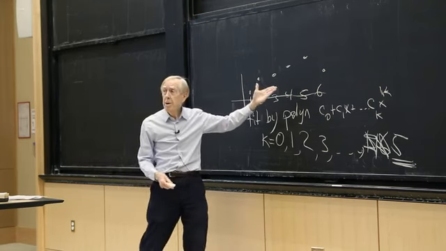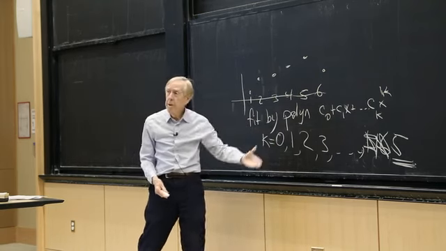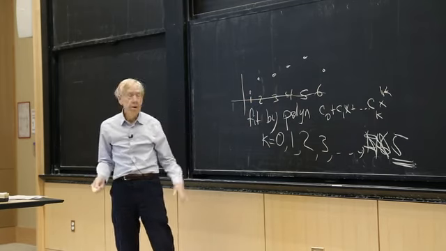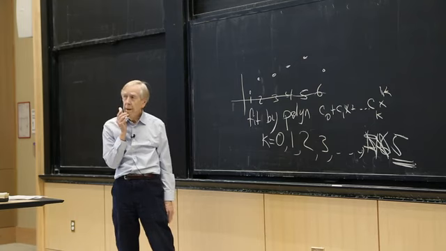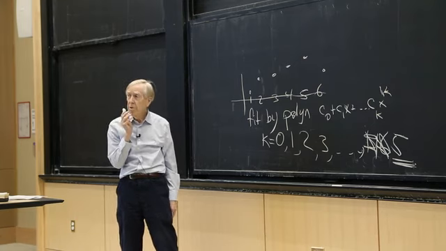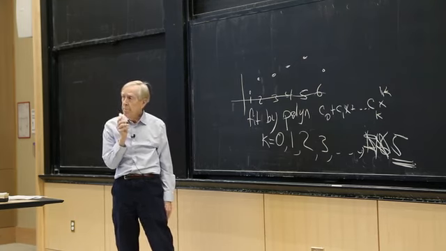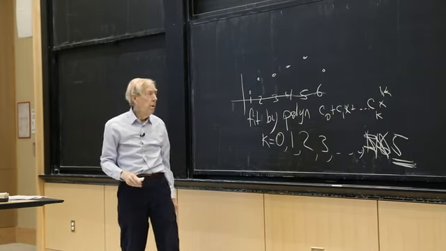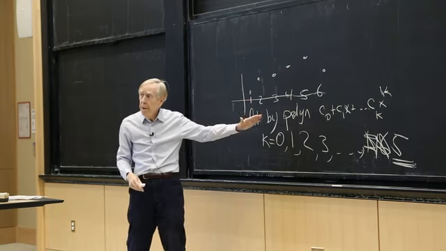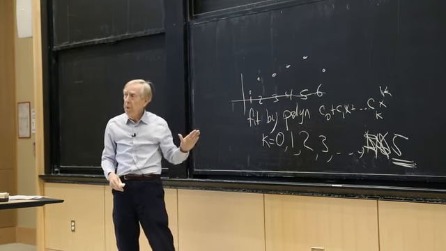So here's the data. Create a polynomial of degree 5 that goes through those points exactly, and look at the result. What would you see? Would it be smooth? Of course, it's a polynomial. Would it be nice? No, it'll be horrible.